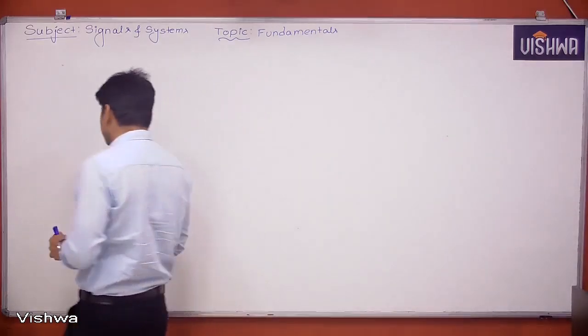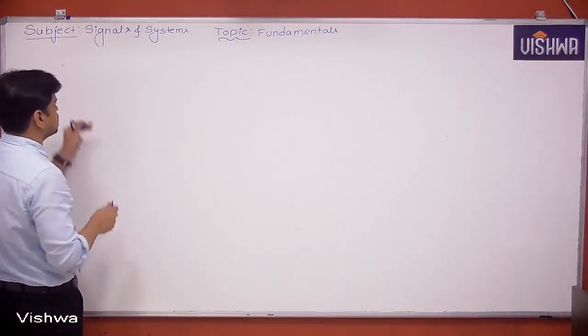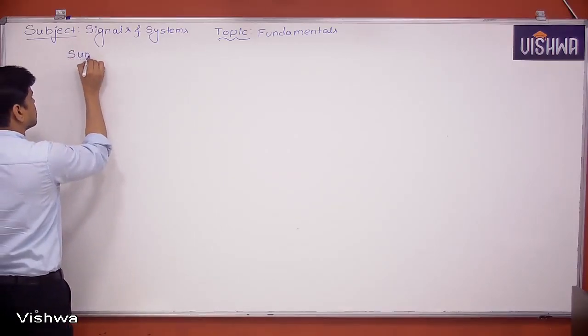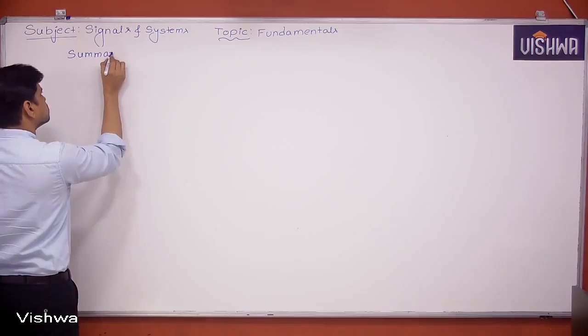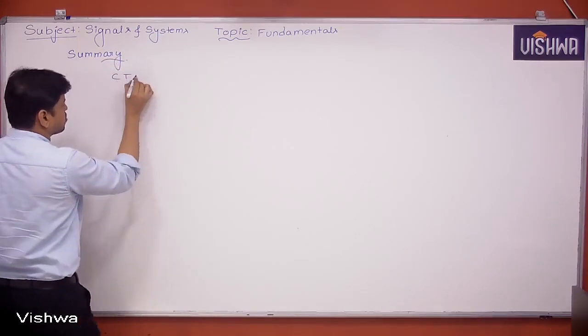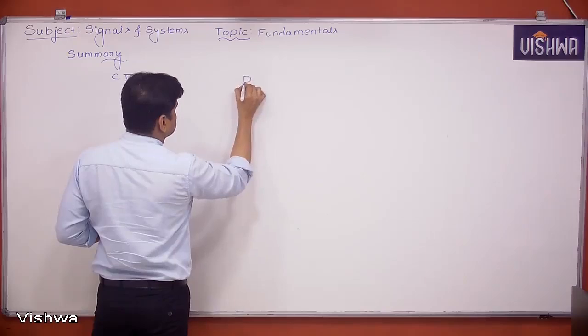So I am just giving you the summary here, so that you can understand the continuous time case and the discrete time case well.